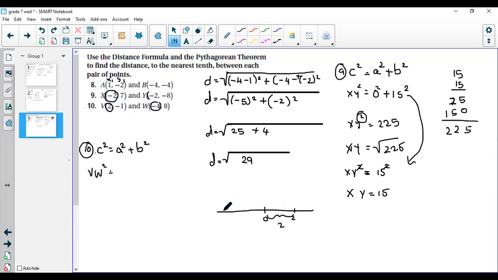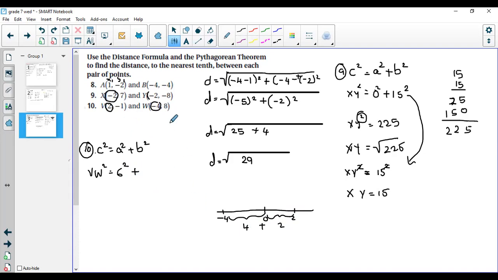And on this side we have -4, because one value of x is positive and another value of x is negative, so that's why we are marking it like that. Now from 0 to -4, how many units do we have? We have 4 units. Together, how many units are there from -4 to 2? There are 6 units. That means I'm going to write 6 square plus b square.